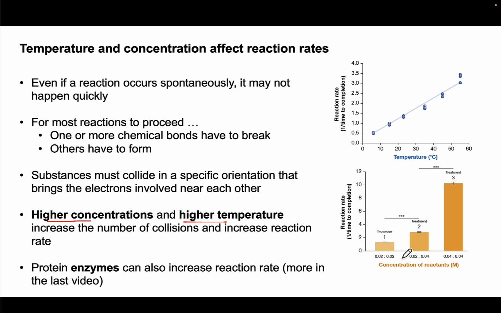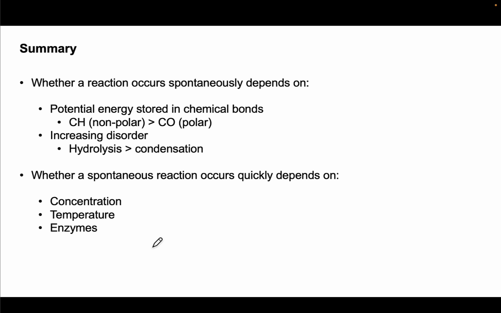As you increase the concentration of your reactants, you increase your reaction rate, because we're increasing the likelihood that two compounds can come together. As we'll talk about in the third video, protein enzymes can also increase the reaction rate. So this is different from whether or not a reaction is spontaneous. This is talking about how fast things occur, not whether they occur.